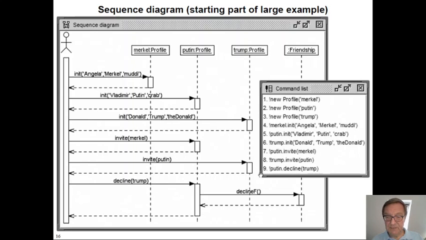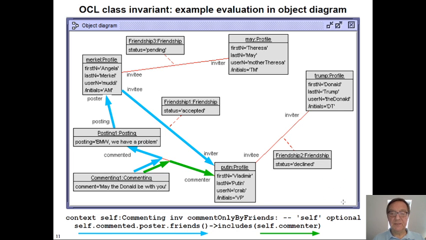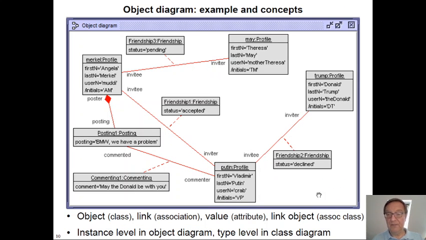Again, we see these two commands here in the command list, which can also be depicted here. And we see the overall effect in this part of the object diagram. Trump has issued the invite, and therefore he is the inviter and Putin is the invitee.